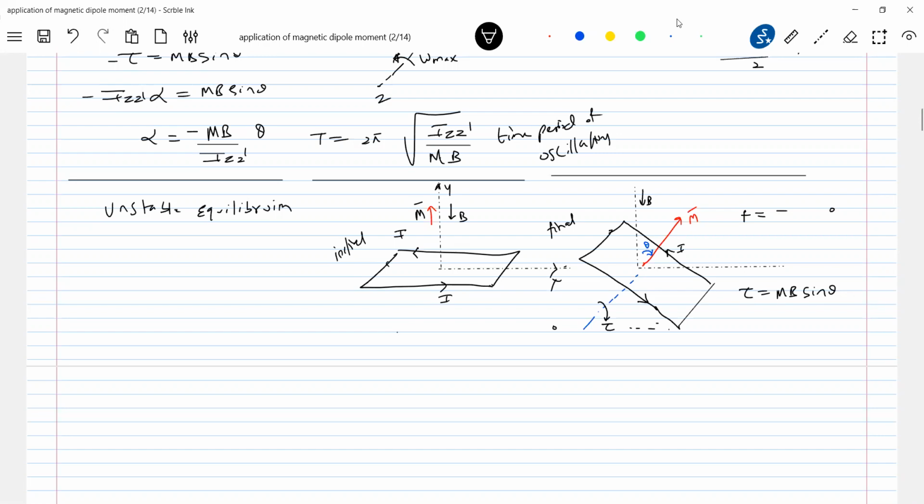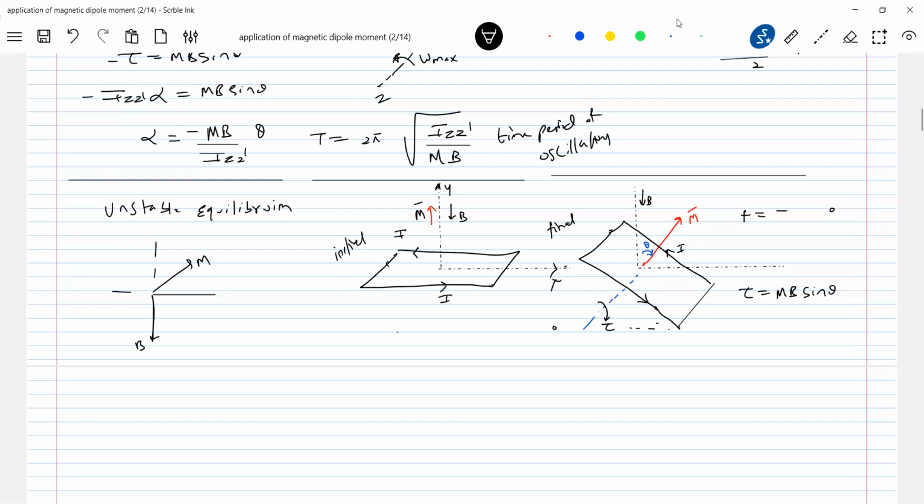You can ask, sir, how is it possible? So just go back to the torque. M bar will be in the xy plane, and B bar will be like this. You should curl your fingers from M bar towards B bar, no? Then the thumb will point into the plane of paper. Now the torque will be directed along the negative z axis.